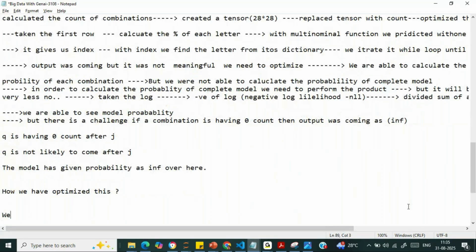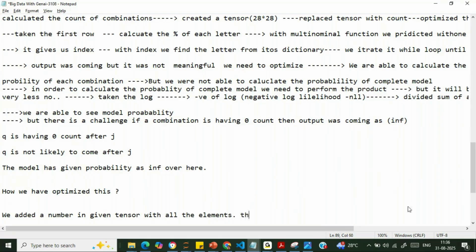We added a number in the given tensor with all the elements.